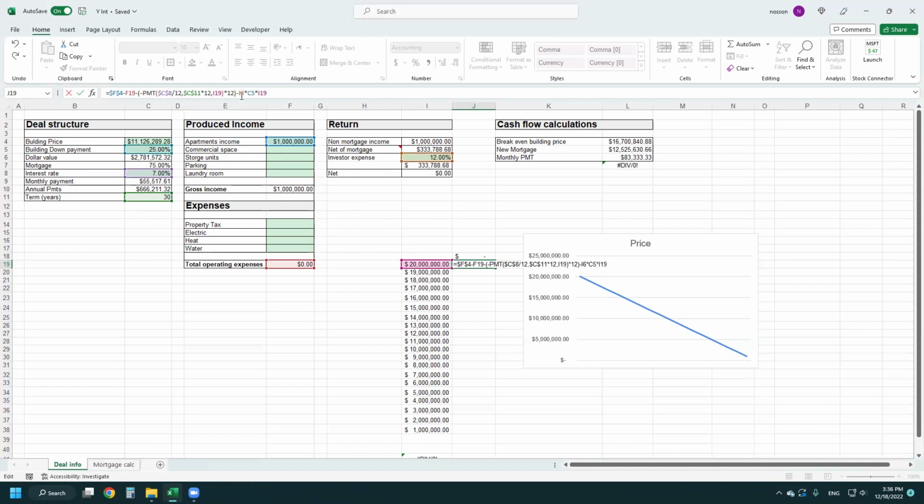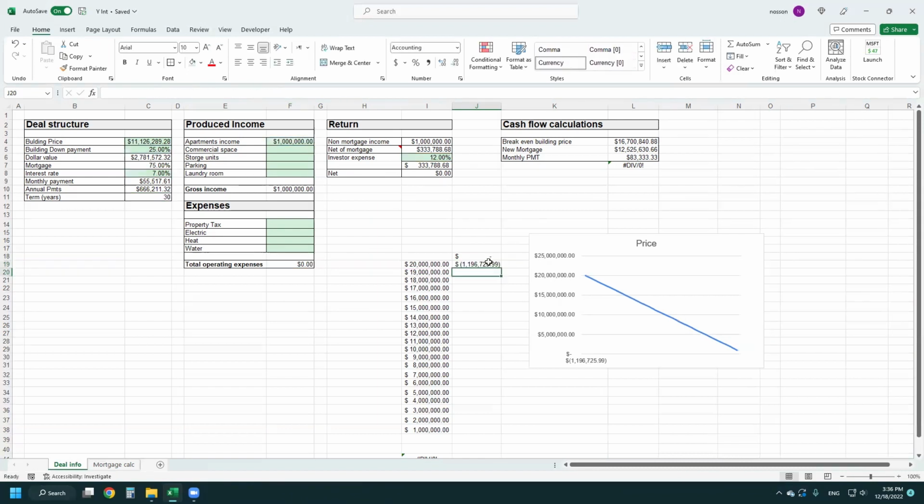And before I forget, lock the 12 and the 25. Keep the 20 million relative. This will happen first, in order of operations. So this should be correct.